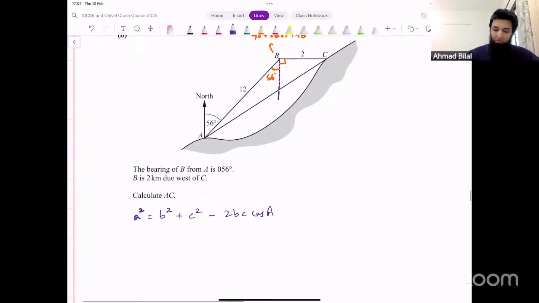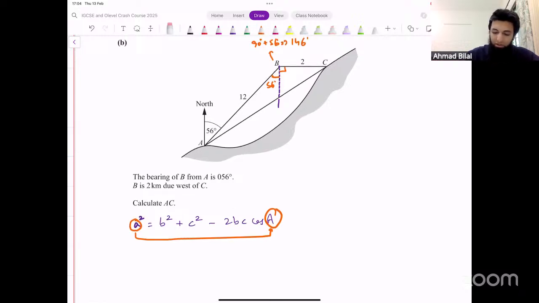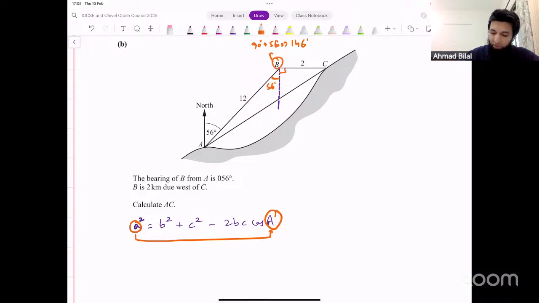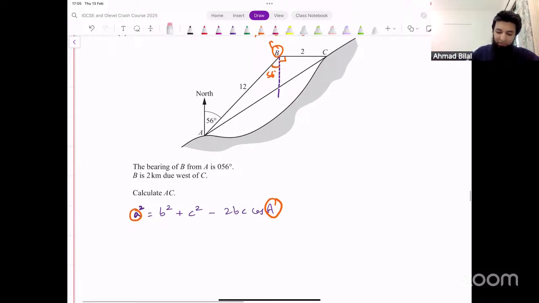Now, the side that we have on the left side of the equation, the angle here should be the one that's opposite to that. Now we know this angle. Let me mark that here now. This angle is 146 degrees. The side that is opposite to it, AC, is what is going to be on the left side of this equation.